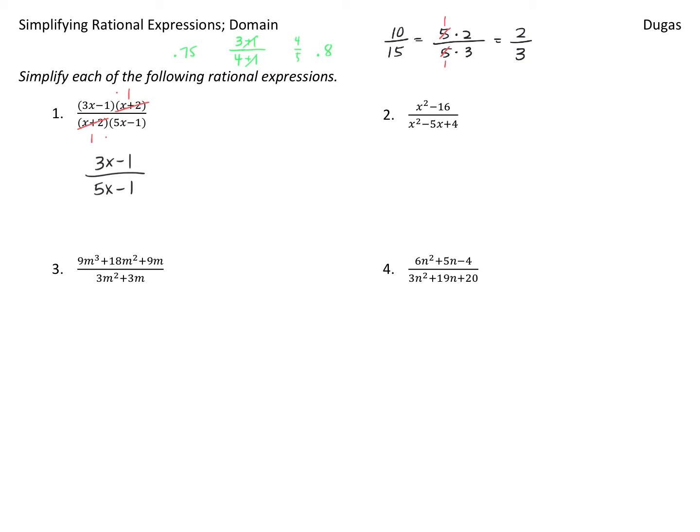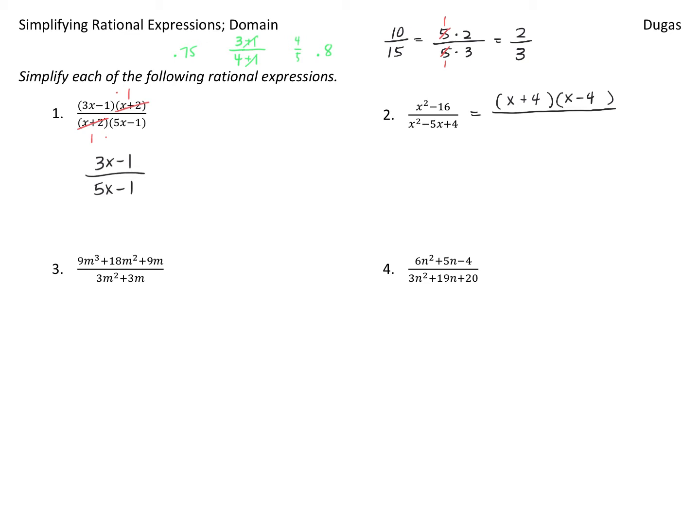It's all or nothing. So if we look at number 2, x squared minus 16, that's together as one factor. That minus joins it together. But you can try to break it down further. So x squared minus 16, that's a difference of squares. That can factor into x plus 4, x minus 4.